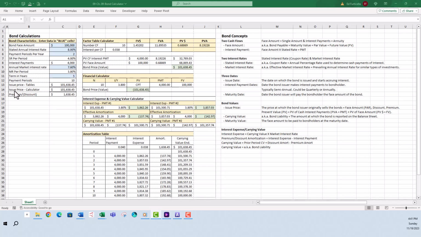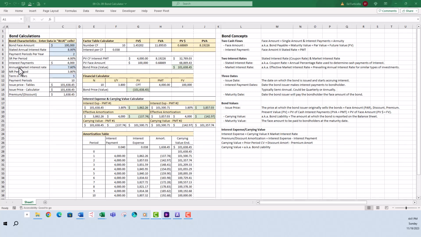If we use a factor table, we show the number of cash flow periods as 10. The interest rate per period is 3.8%. 3.8% is the effective market interest rate at the time we issue the bond. So when determining the value of a bond at issuance, we always use the market rate of interest.